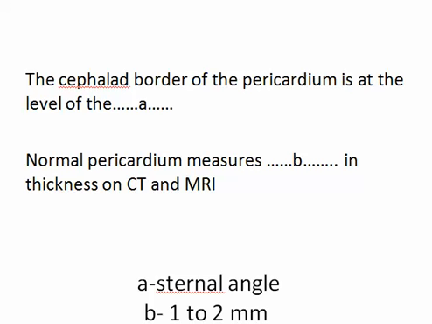The normal pericardium measures 1 to 2 millimeters in thickness on CT and MRI.